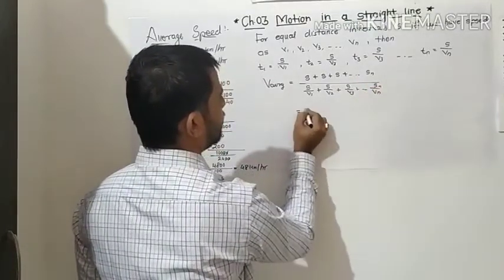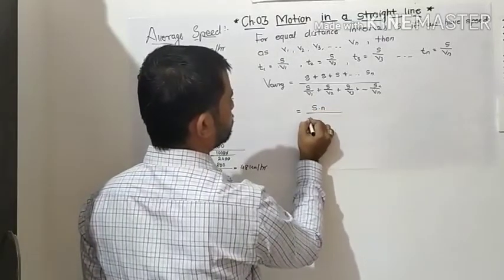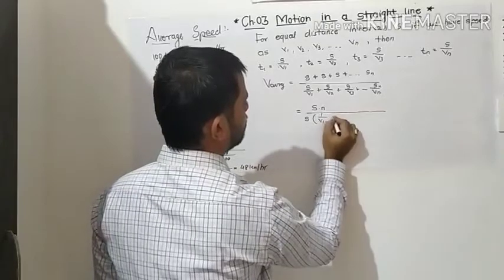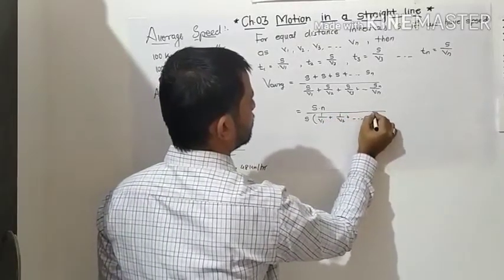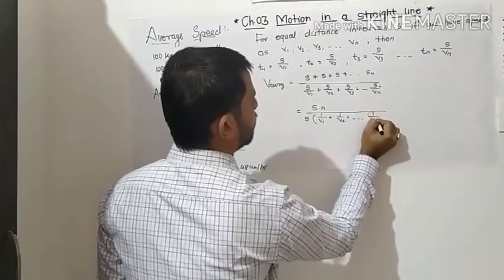Okay, you can write it as S into n upon S into bracket 1 upon V1 plus 1 upon V2 plus up to 1 upon Vn.